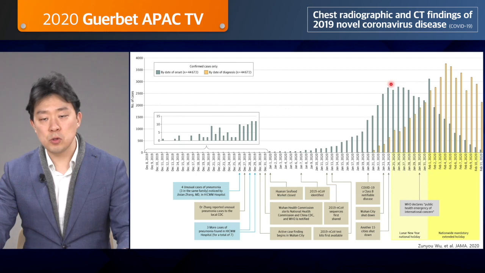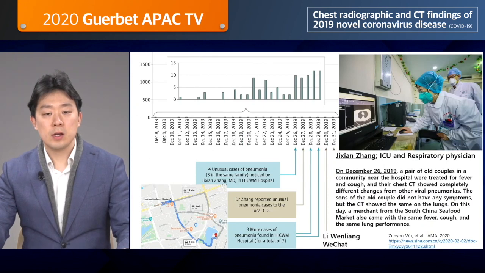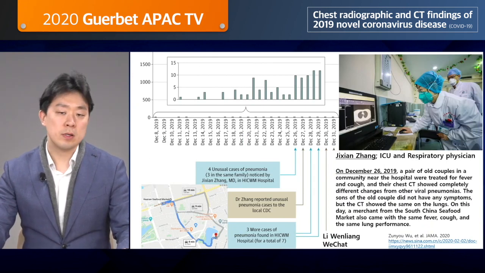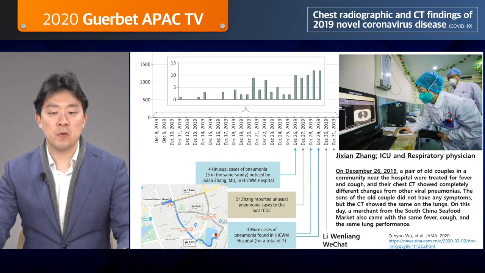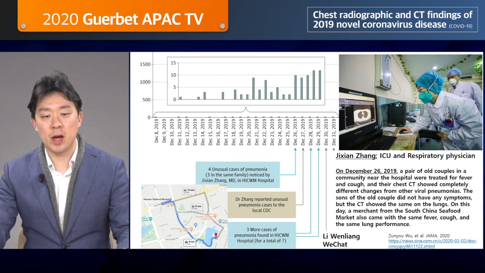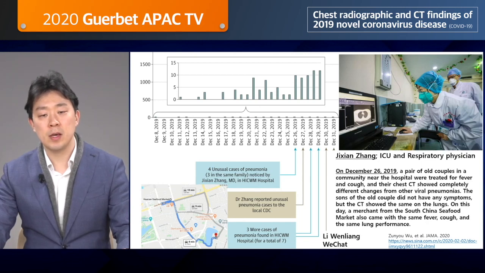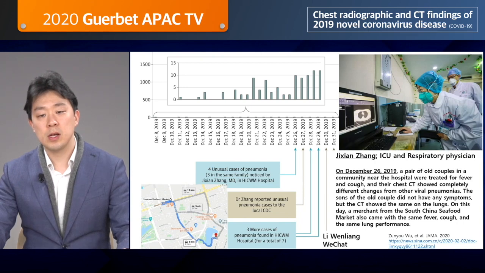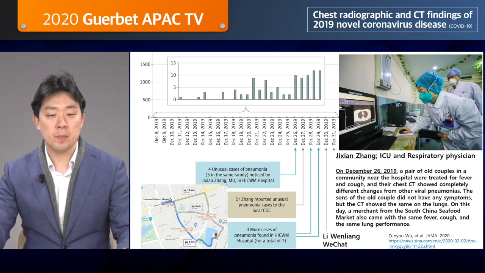Let's take a closer look at how the disease was first discovered. The disease was first discovered on December 26th. There were cases before the date, but these were retrospectively identified by the Chinese CDC. Dr. Li Wenliang was famous in the media, but the first person to have actually discovered the disease was Dr. Jinxiang Zhang.